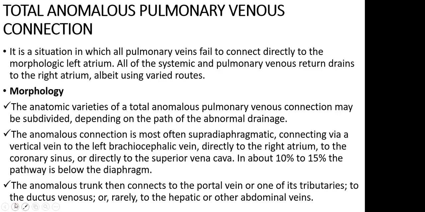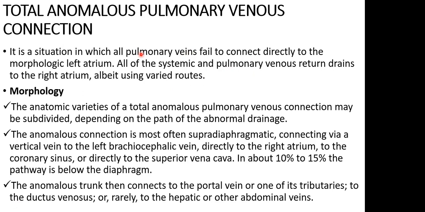So now the next one is total anomalous pulmonary venous connection. This basically is a situation where the pulmonary veins do not drain into the left atrium.